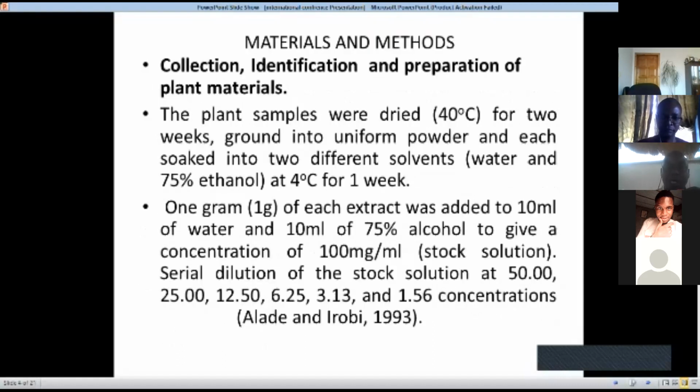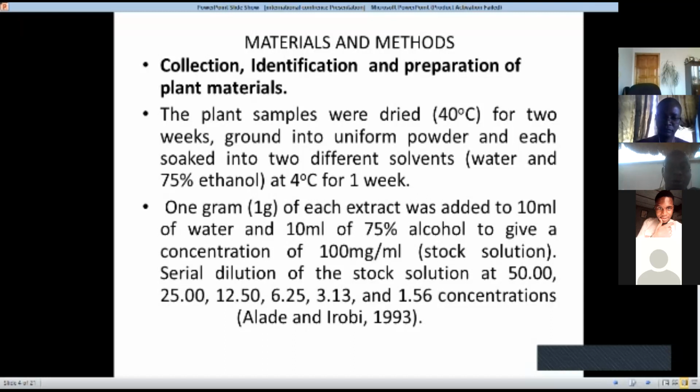Now, the materials and methods. The first thing is collection and identification of the plant. The plant bark was collected and properly dried for 2 weeks, ground into uniform powder, and soaked in different solvents, water and 75% ethanol.